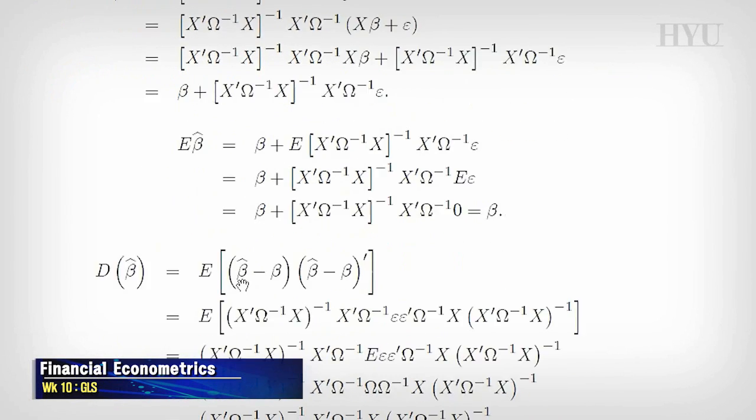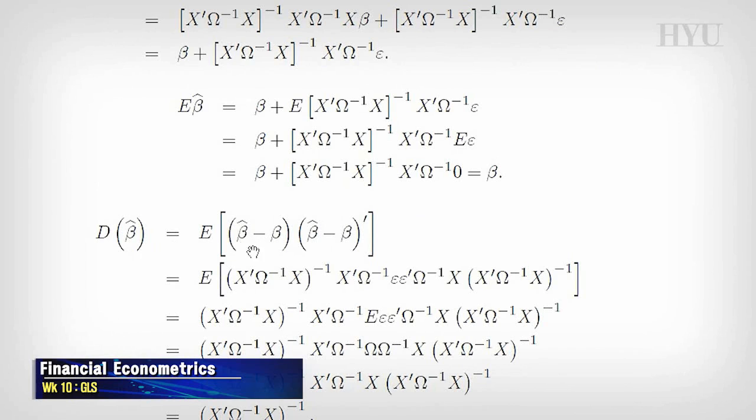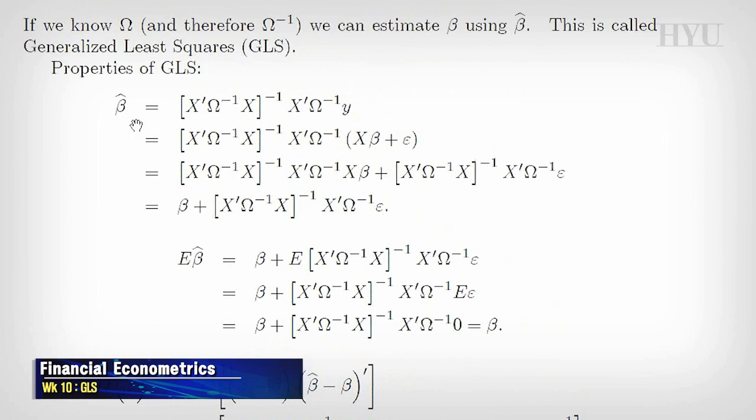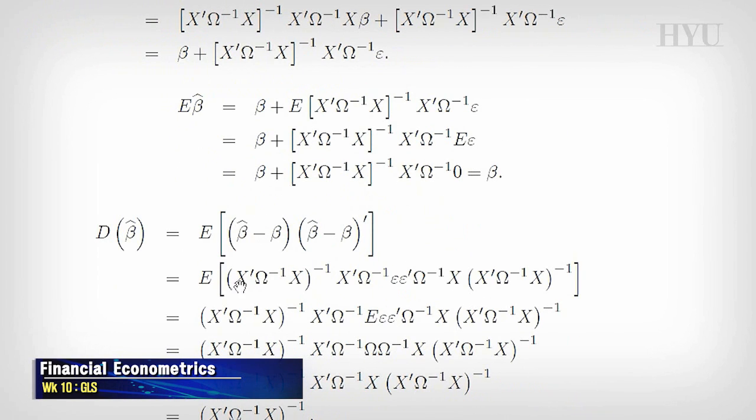Next we want to calculate the variance covariance matrix of beta hat. It is basically the expectation of beta hat minus beta times beta hat minus beta transpose. We know beta hat minus beta is simply this term, so we have this, its inverse and prime, and this.